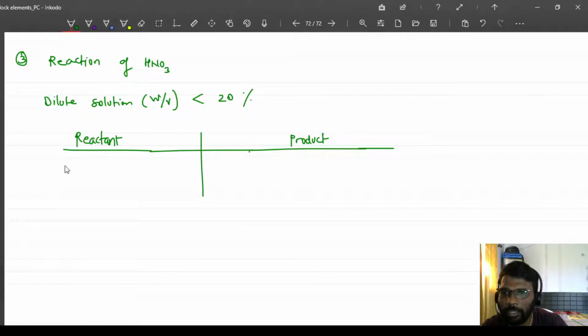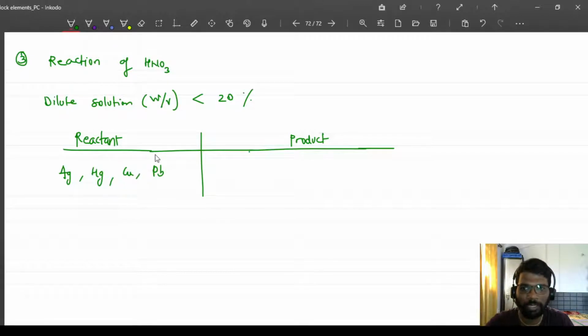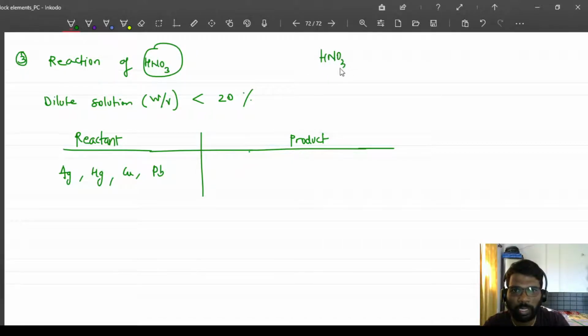If the reactant is silver, mercury, copper, or lead, the product we are going to get, if we react this with HNO3, in short I can write this way: HNO3 plus any of these reactants. Here what will be released is NO gas, plus metal nitrate.